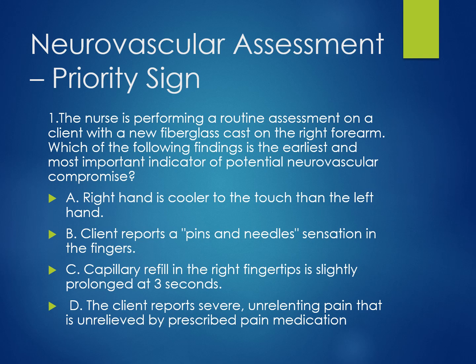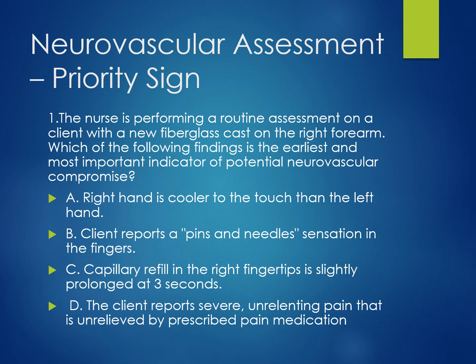B, client reports a pins and needles sensation in the fingers. C, capillary refill in the right fingertip is slightly prolonged at 3 seconds. Then the last option, D, the client reports severe unrelenting pain that is unrelieved by prescribed pain medication.